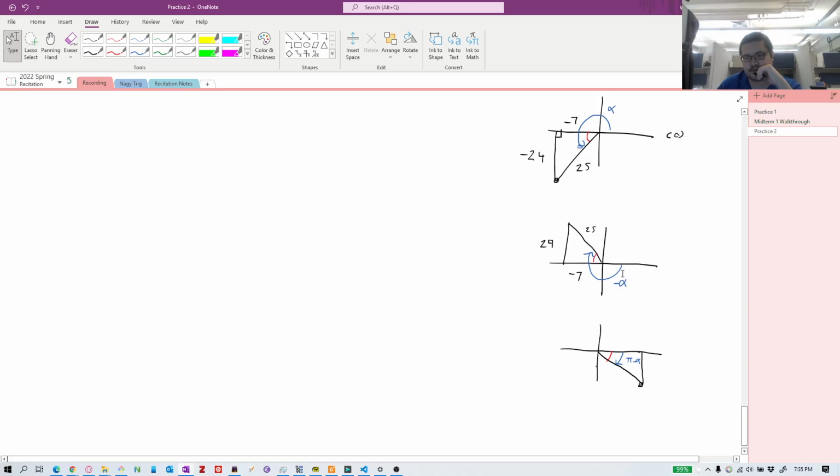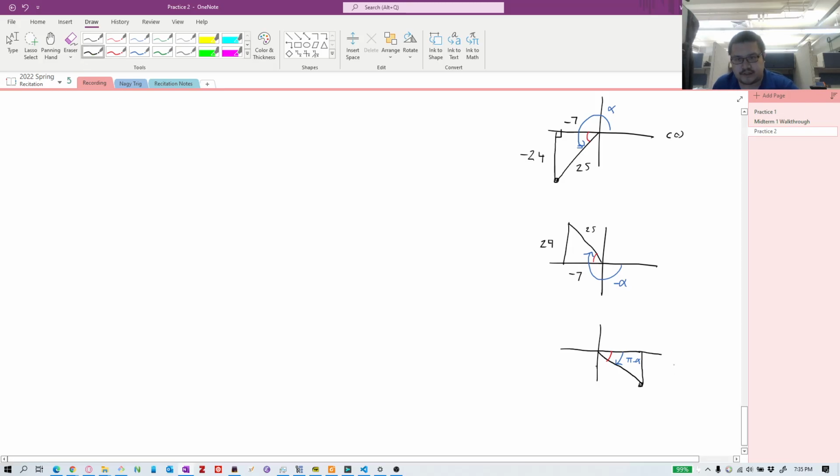You add pi to this angle, you're still going negatively. It ends up not really mattering. You could have thought of it as the other direction, but I'm just trying to be a bit precise about it. Going this other way around, it's an equivalent angle, so the trig functions aren't going to see the difference.